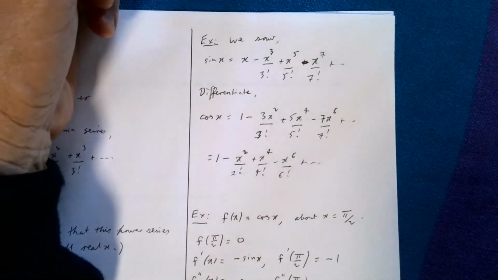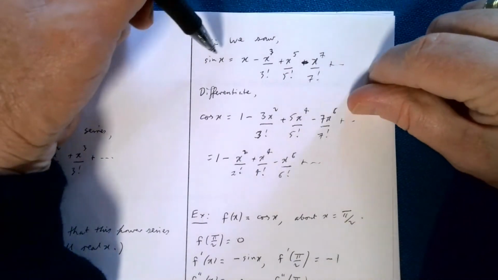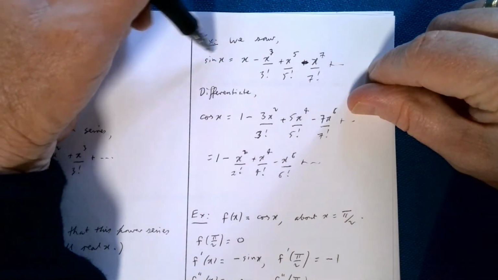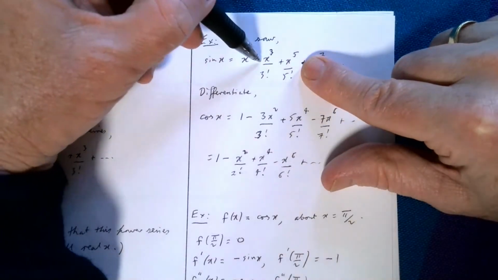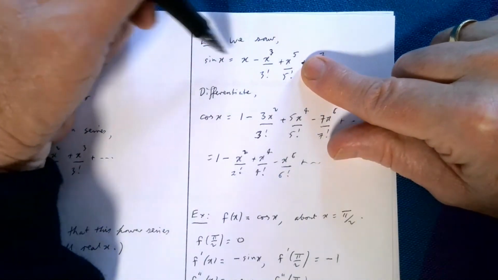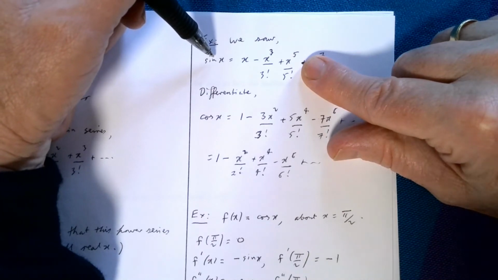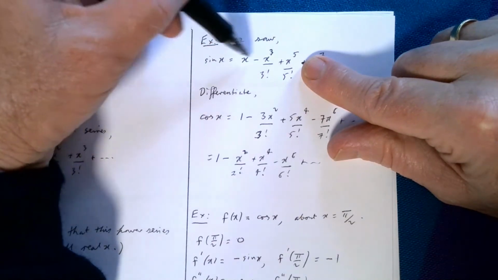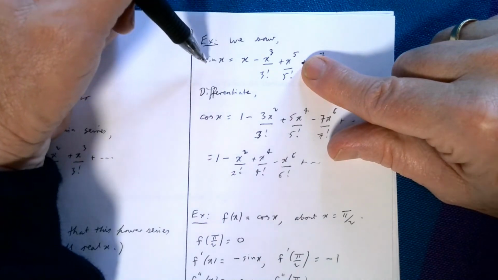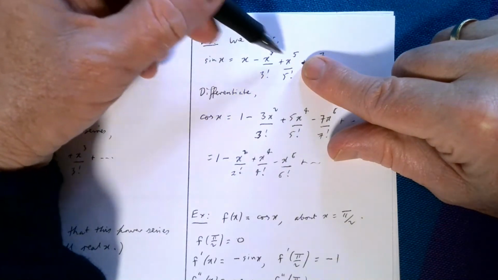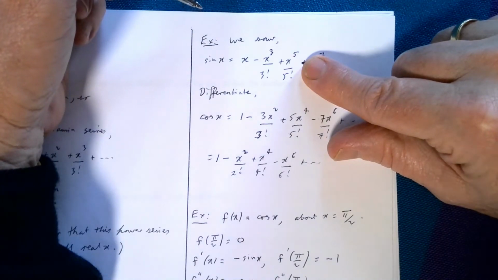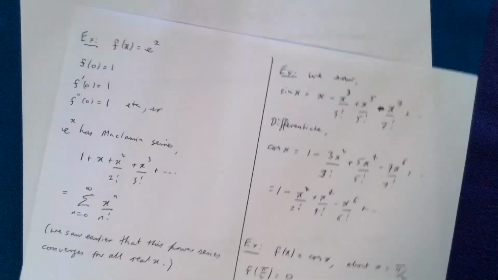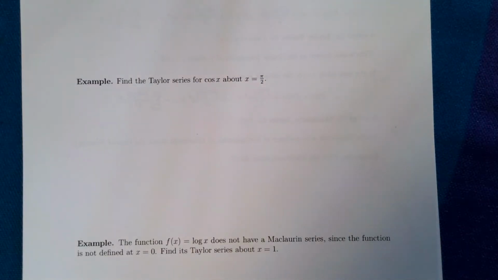Get it to plot sine of x, and get it to plot, say, the first three terms, and you'll see that provided you're near 0, this polynomial will be pretty close to the graph of sine x. If you move too far away from 0, you'll get much less accuracy.